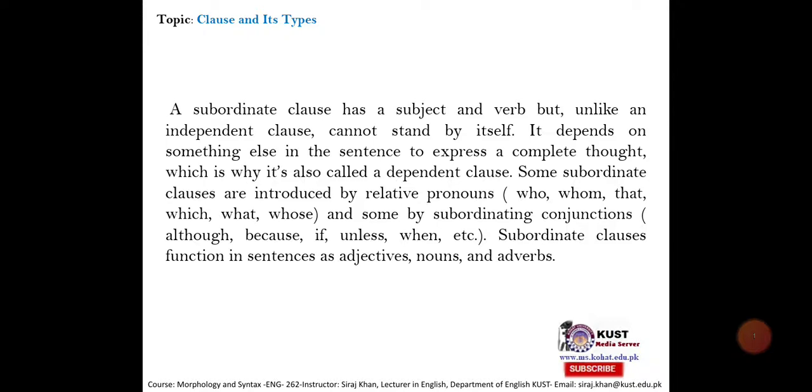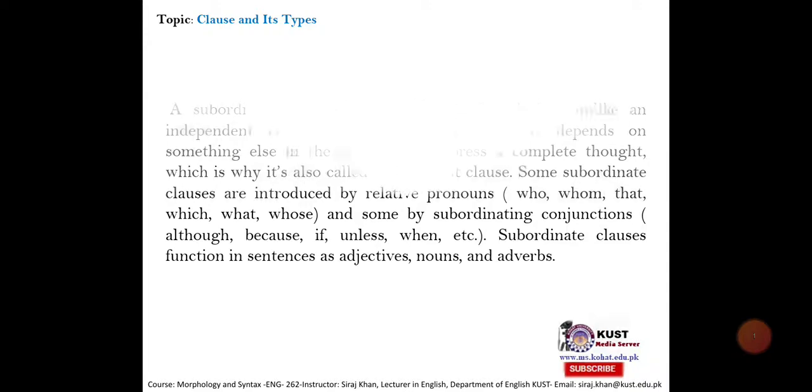Some subordinate clauses are introduced by relative pronouns: who, whom, that, which, what, whose, and some by subordinating conjunctions: although, because, if, unless, when, etc. Subordinate clauses function in sentences as adjectives, nouns, and adverbs.